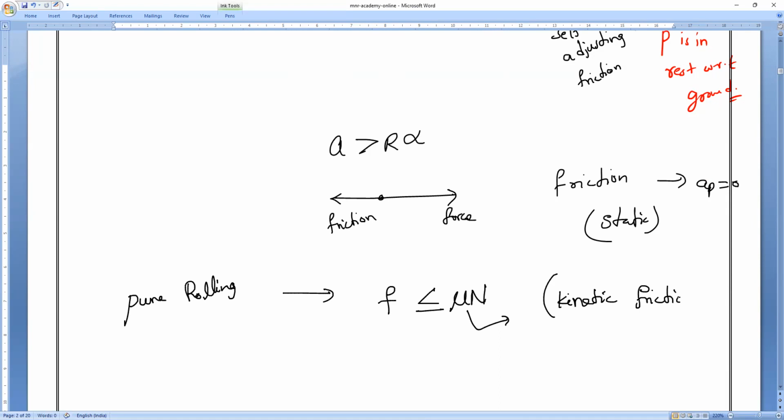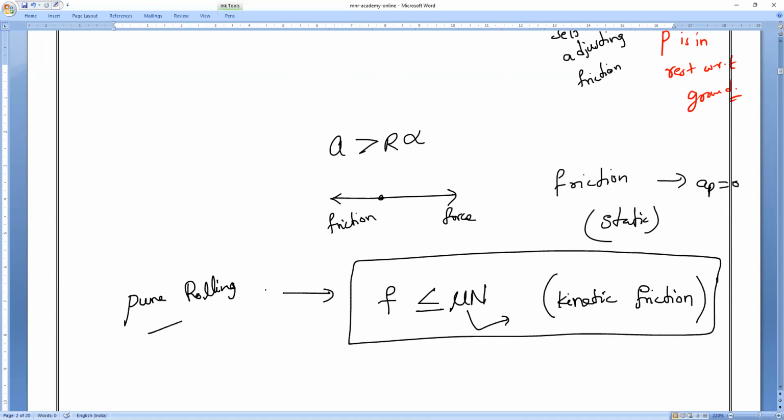This is the condition you always need to remember. If it is pure rolling, the force of friction must be less than or equal to mu n. Always it has to be less than or equal to mu n. Then only it is pure rolling. That is the required condition for pure rolling.